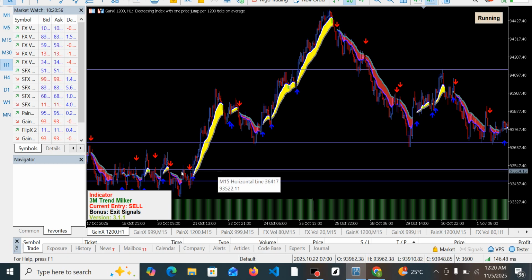Here it got to the support region around here, and you can see it's a major support region. You can see the sideways movement, showing that it's trying to see if it will break out below this support zone or probably switch from a downtrend into an uptrend. In this situation, it switched into an uptrend at this point.